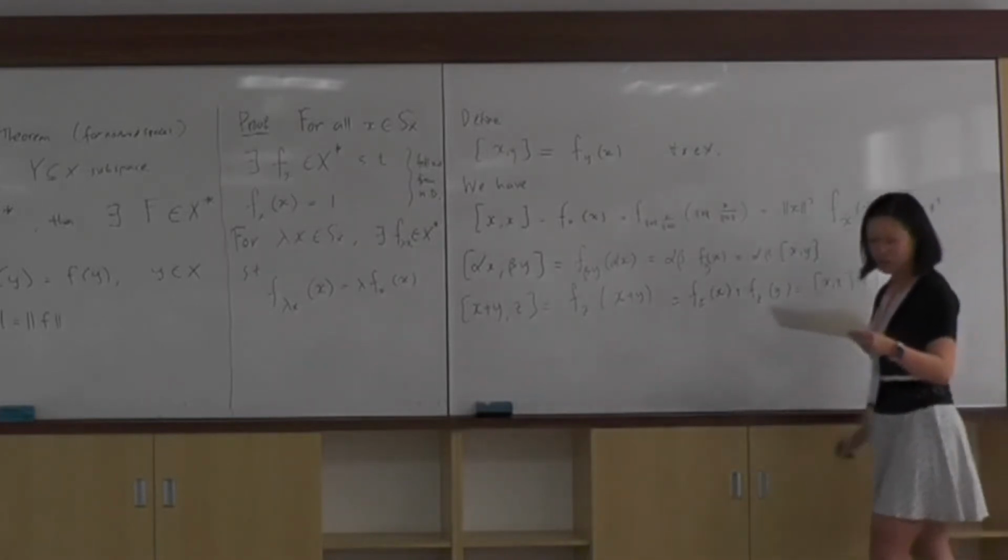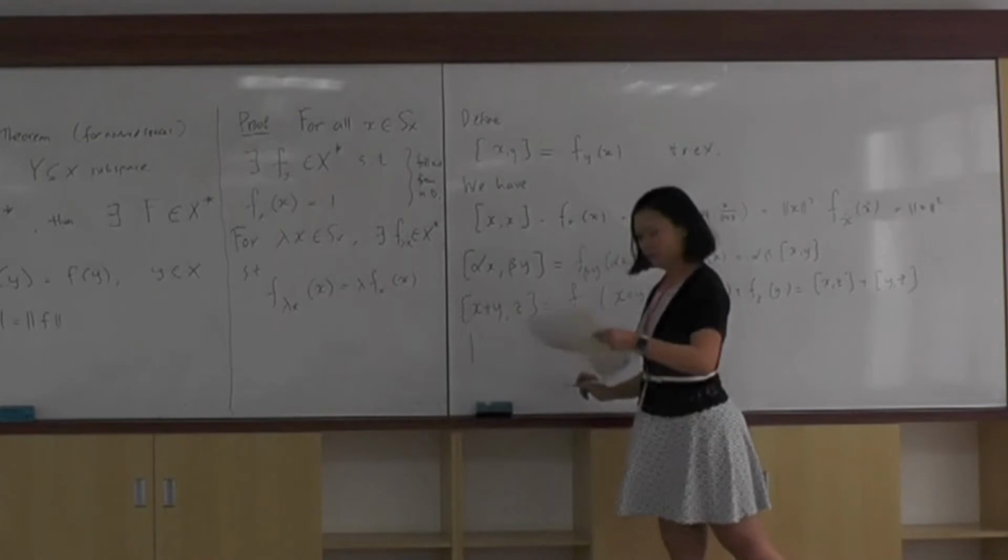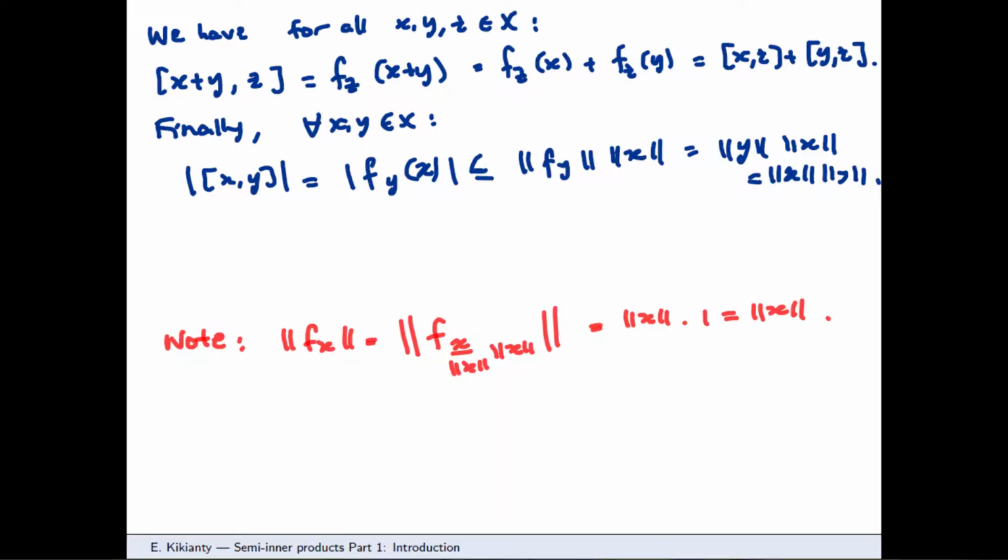Right. And finally, Cauchy-Schwarz, xy is equal to f x y less than or equal to, I hope you know this already. Oh, you got it implicitly. f y x. Sorry, I wrote this again. It's very confusing, these things.